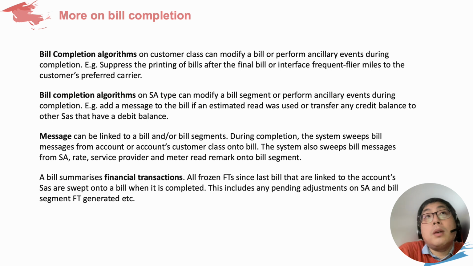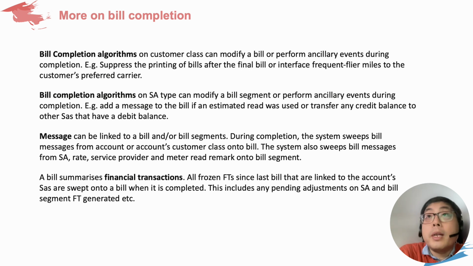So in between, we will have two events. One is about the bill message. The bill message can also be specified on the account, or on the customer class, and that can be swept to the bill.